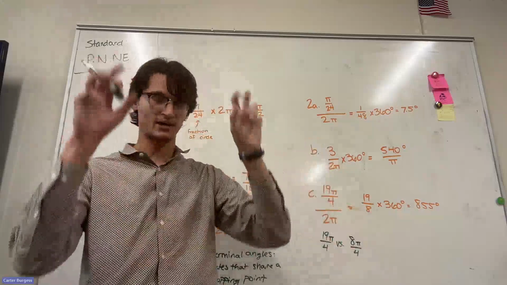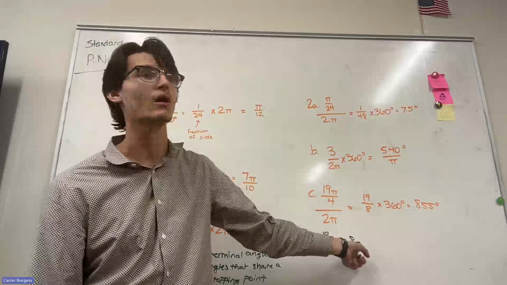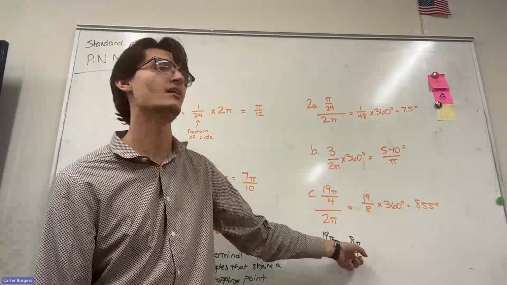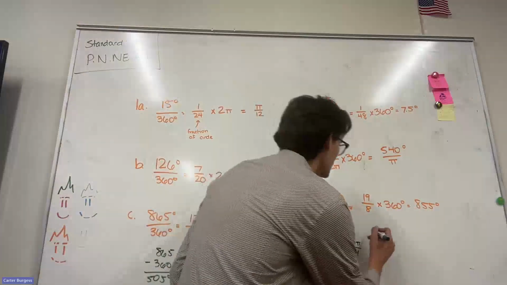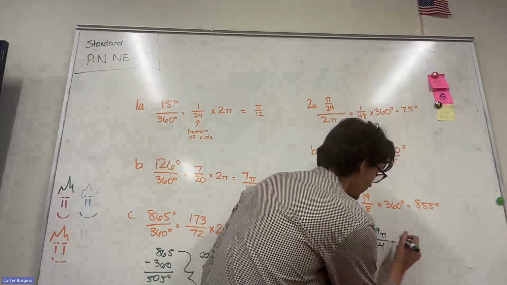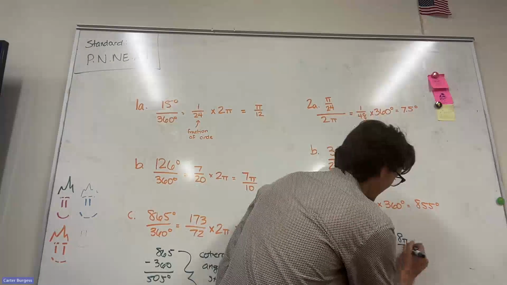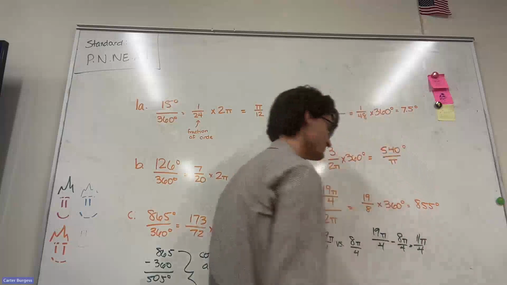A better way is subtracting this 8 pi over 4 over and over until it would turn me negative, and it would be fruitless to continue. So 19 pi over 4 minus 8 pi over 4, we get 11 pi over 4.